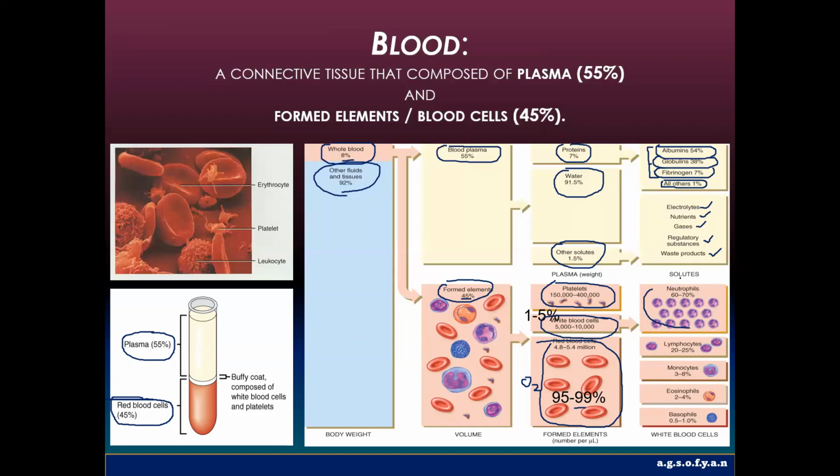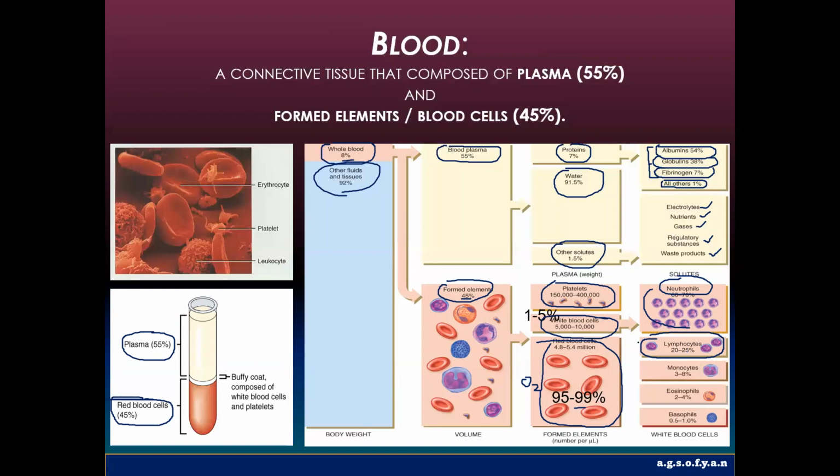The most abundant one is called the neutrophil. About 54 or 55 to 70% of white blood cells are neutrophils. The main function is to fight against bacteria. So neutrophils mostly fight bacteria that enter our body. The second most abundant one is called the lymphocyte, about 20 to 25%.